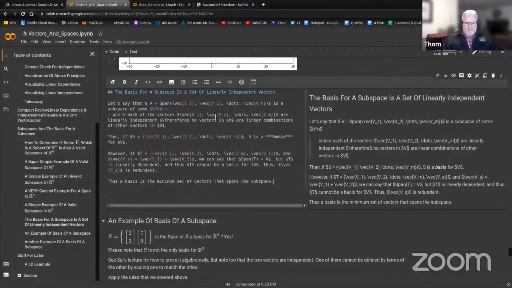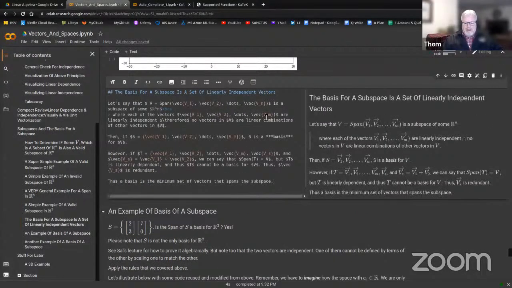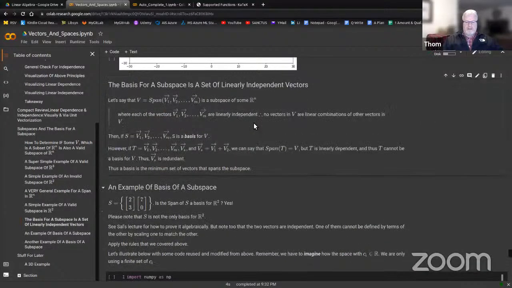Oh, so I cut and paste, and sometimes I forget to get rid of these residual parentheses. So where each of the vectors, V1 through V sub m, are linearly independent. That means by definition, no vectors in V are linear combinations of other vectors in V. Let's put that another way.